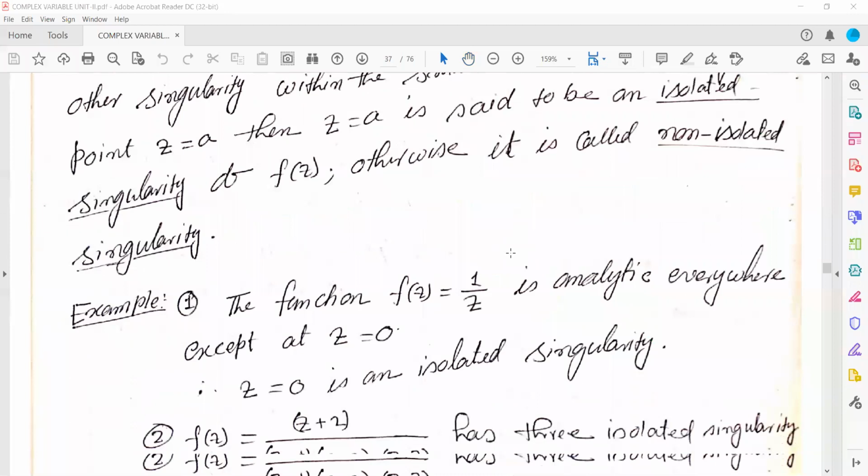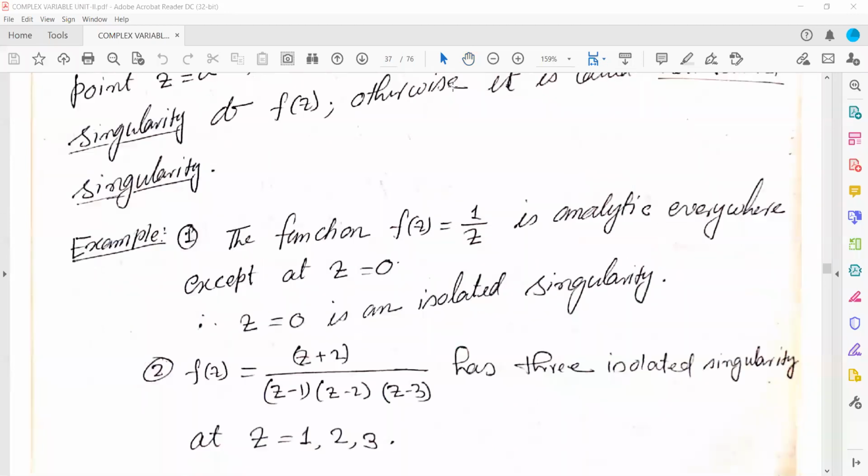Say for example, the function f(z) is equal to 1 upon z. The derivative of this function f(z) exists at each and every point except the point z is equal to 0.